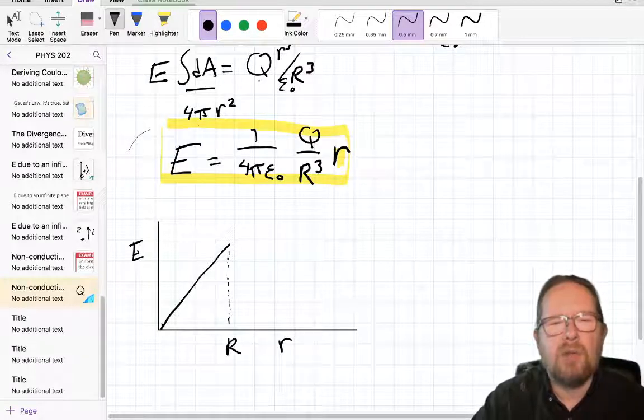Okay? That's this expression. The electric field is a bunch of constants times r.